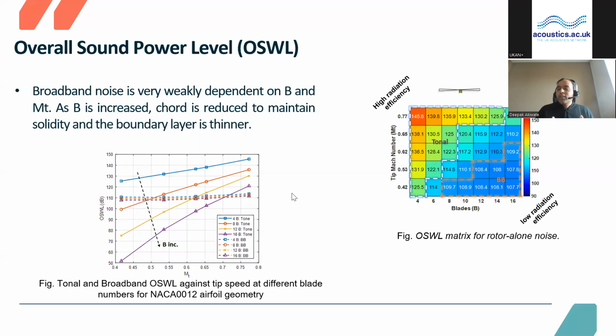Reducing the chord means the boundary layer thickness becomes thinner and thinner at the trailing edge of the blade, which reduces the source strength of the broadband noise. That means the increase in the blade number has been compensated by the reduction in the chord for the broadband noise. So the broadband noise remains more or less the same for changes in the blade number.